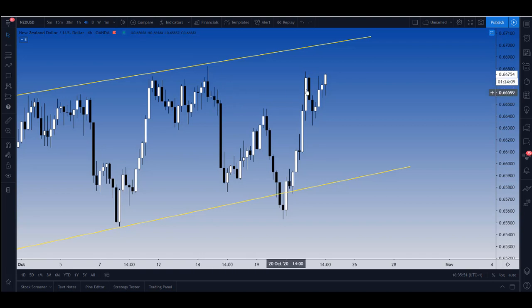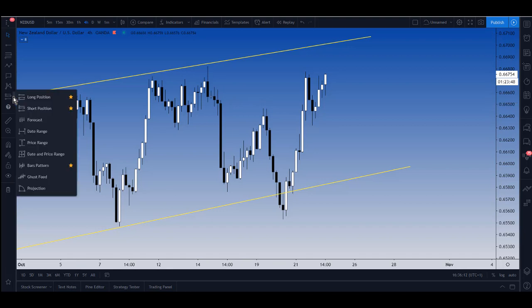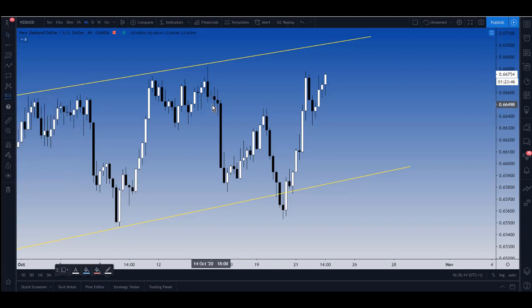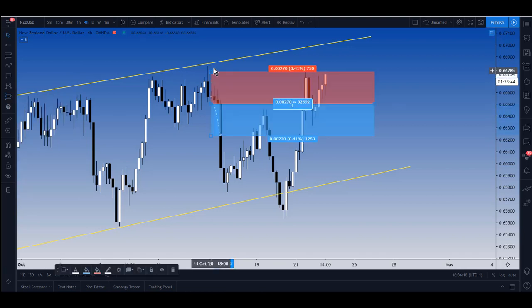So if we see something like that here, then that is your sell signal. You'd put your sell stop below the candle, your stop loss above the candle, and then target would be the bottom of the channel. It may break further, but you'd be taking some money off at the bottom of the channel. With that one candle alone there, let me just see what you potentially could have got.